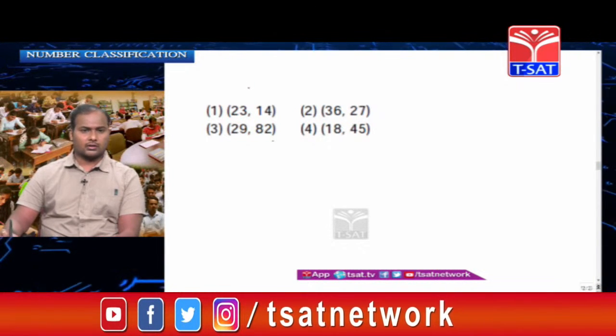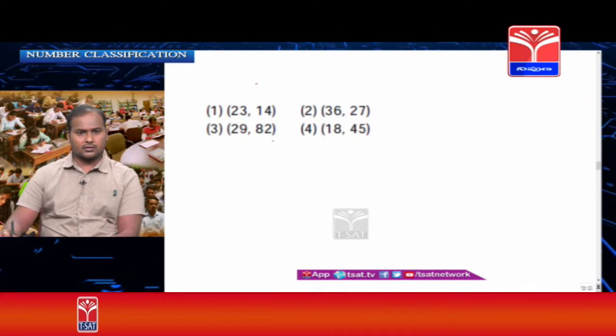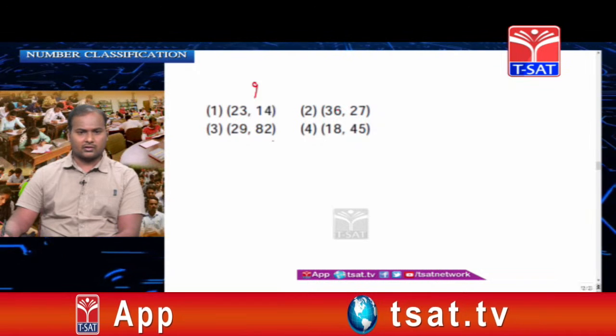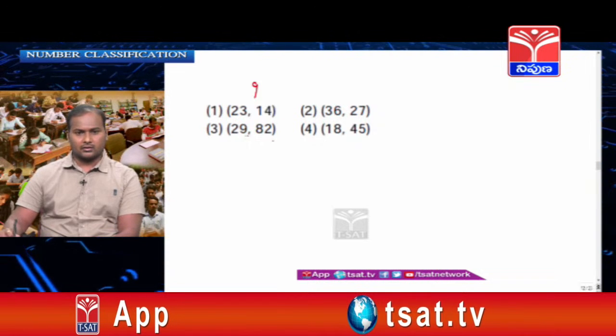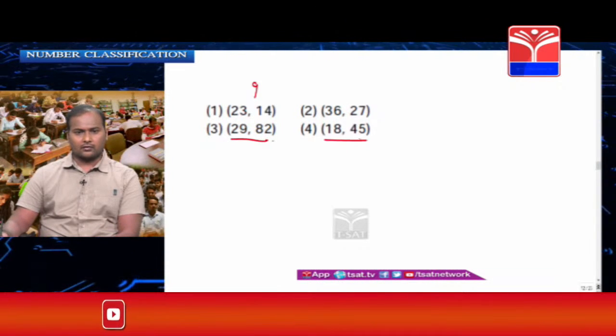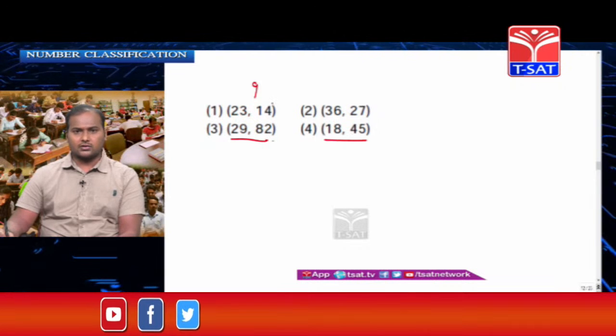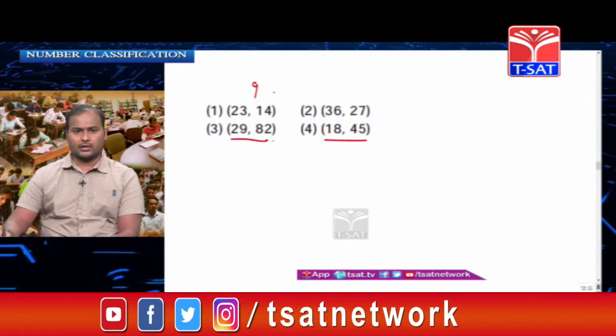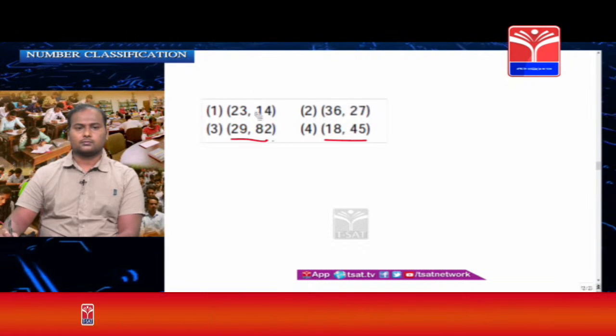If you see the difference, it comes to 9 here. Here also there is not much difference, 27 and 39. But you can see here 29 and 82, 18 and 45, I can't come to that range of difference. You can't see a 9 difference in all of these, right? So I can't take this one.